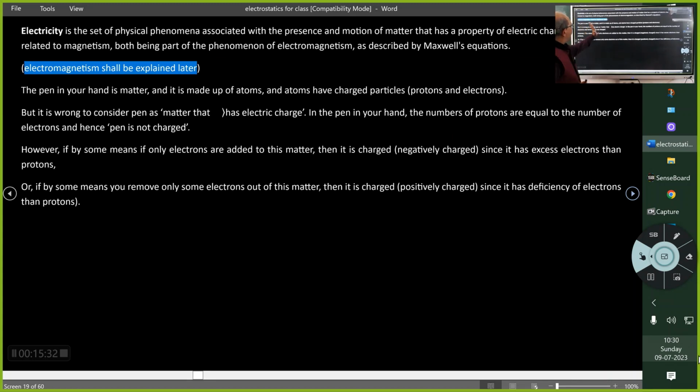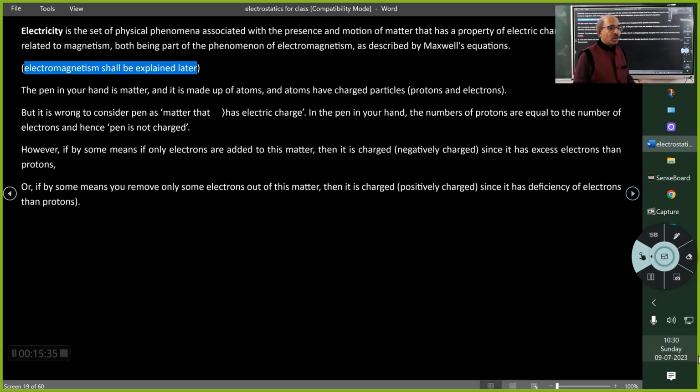Now we are introducing one more new term called electricity. Electric charge, electric current, and electricity are not all the same. Electricity is a physical phenomenon, which means there are material objects, particles, and matter involved. Electricity is a physical phenomenon associated with the presence and motion of matter.